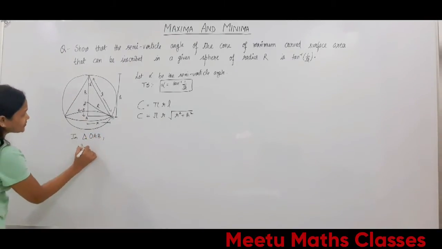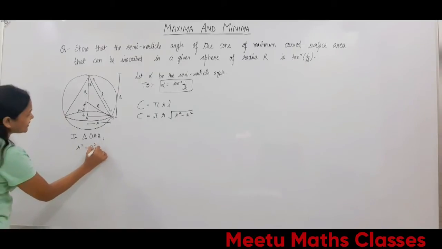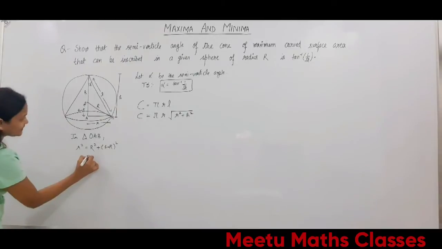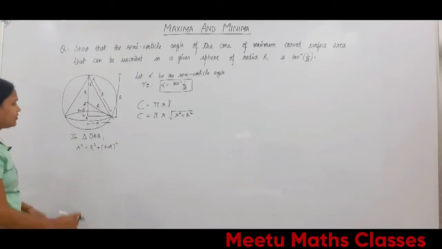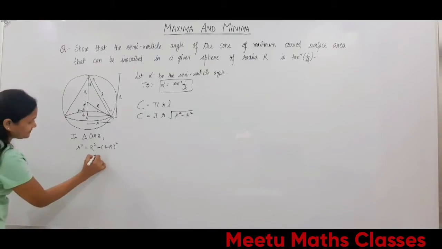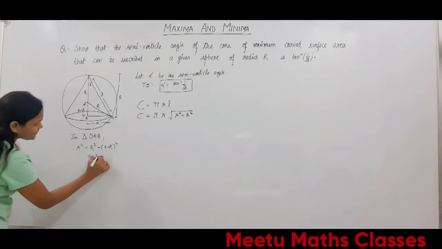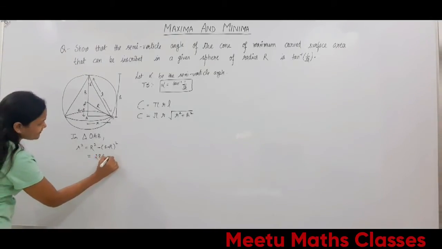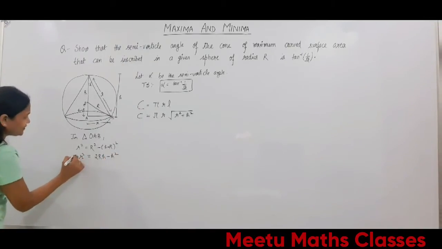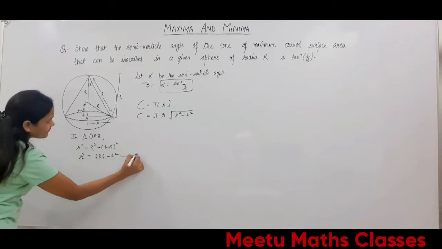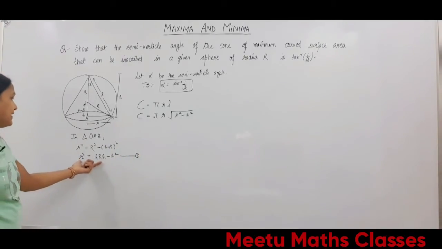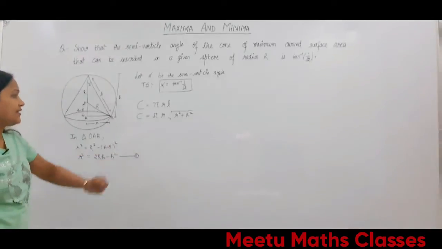So r square is equal to capital R square minus h minus R whole square. So this can be written as 2Rh minus h square. So this is one of the relations, we can call it 1, and using this we can replace r here.